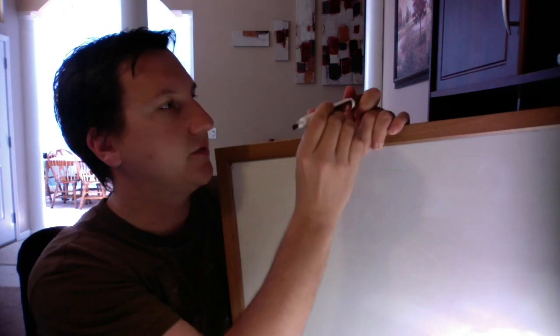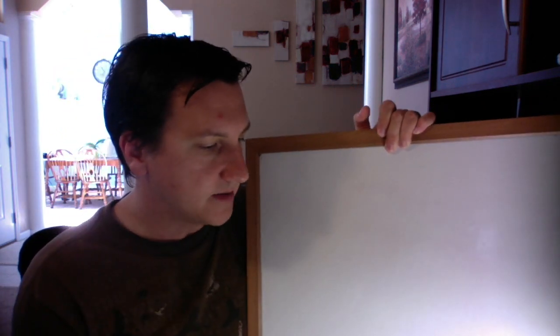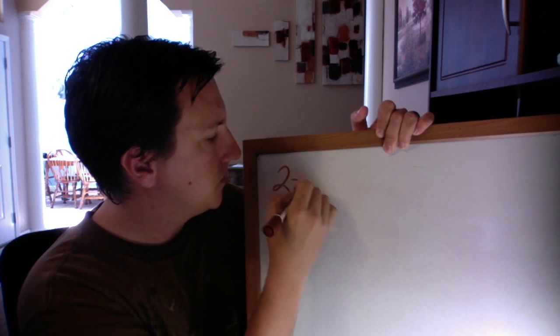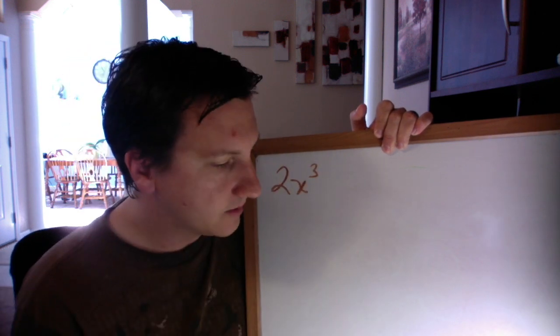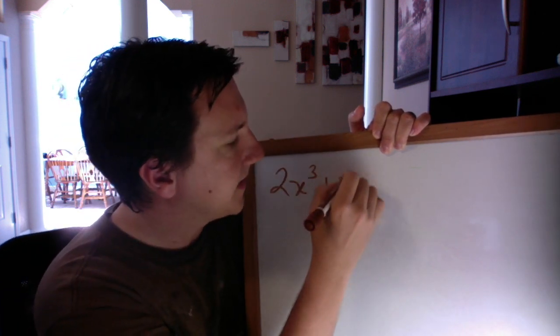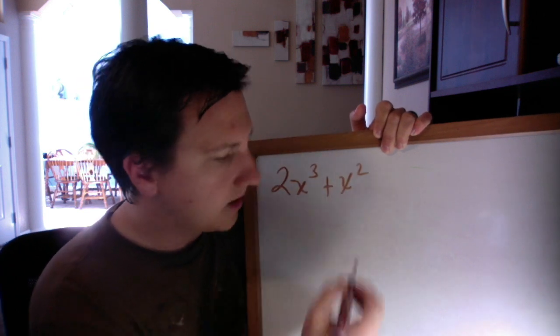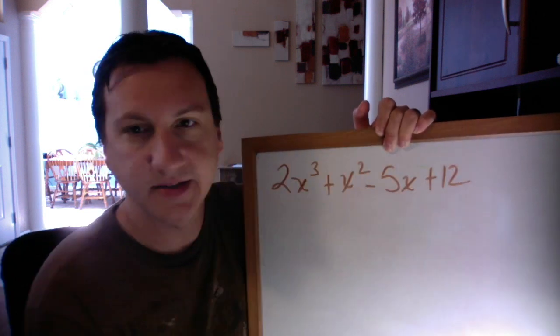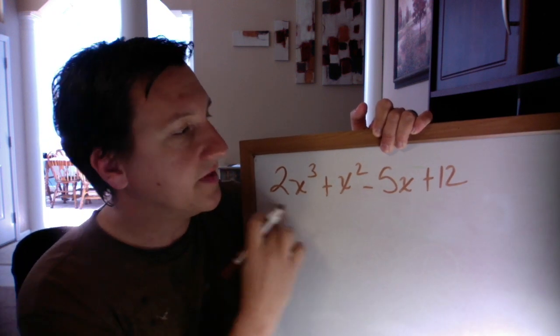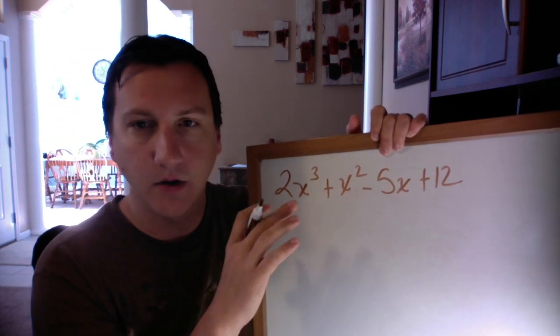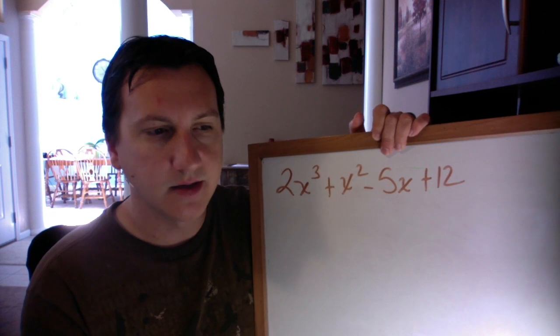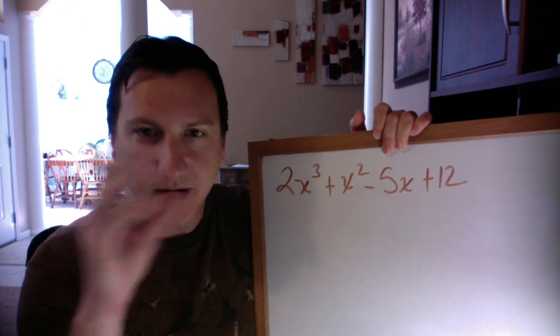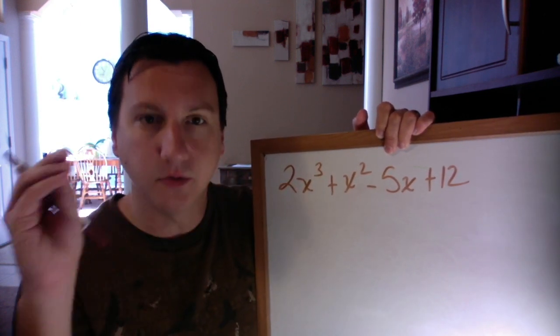And so I have a little board here that will hopefully help us with just a few examples. If I were to write 2x to the third plus x squared minus 5x plus 12, for example, this is a polynomial, and all a polynomial is is an expression made up of multiple terms.